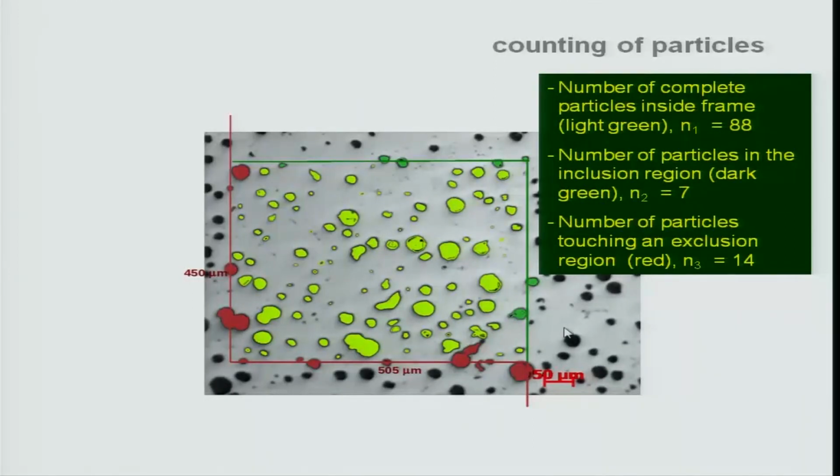Number of particles in the inclusion region is 7. Number of particles touching an exclusion region is 14, and these will be ignored in the count. For example, this particular particle, even though it is at a corner touching an inclusion zone, is also touching the exclusion region and hence will not be counted.